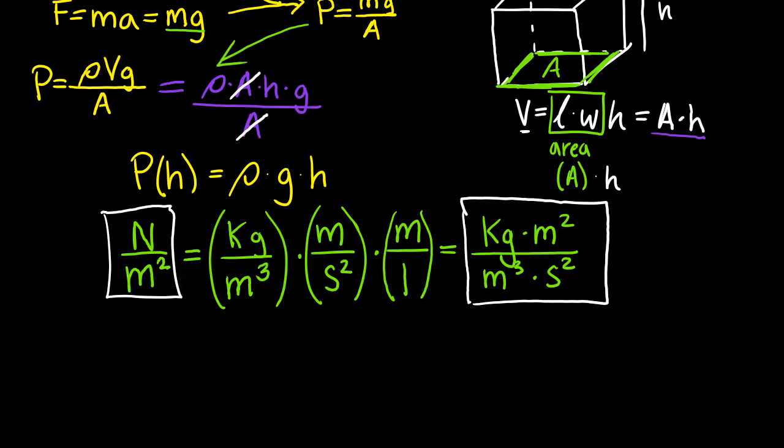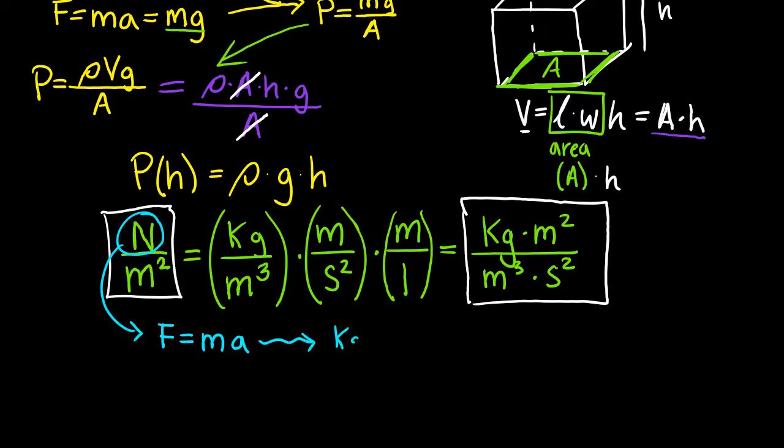So let's think about what a Newton truly is. Remember that newtons are what force is measured in. So force equals mass times acceleration, or mass times acceleration of gravity. This is the basic way to say it, F equals ma. And let's think about what those units are.